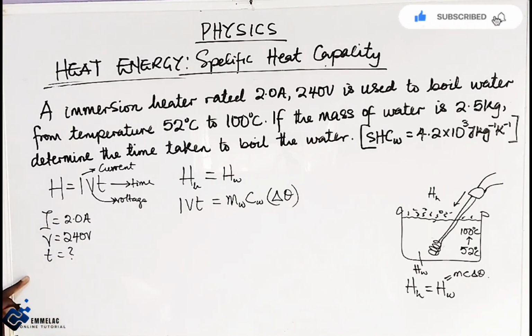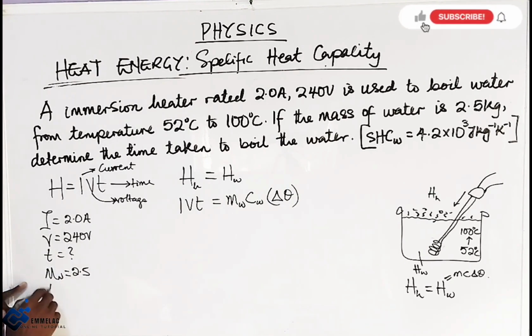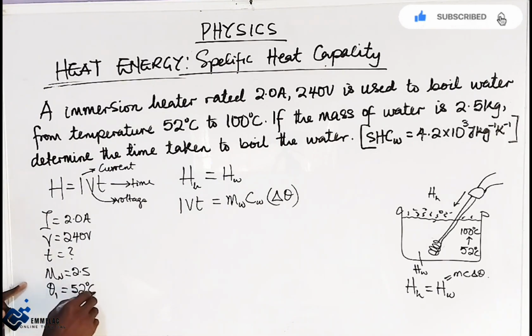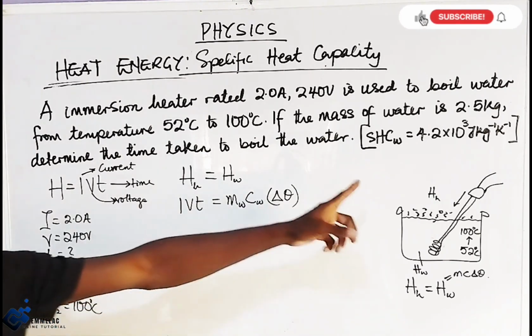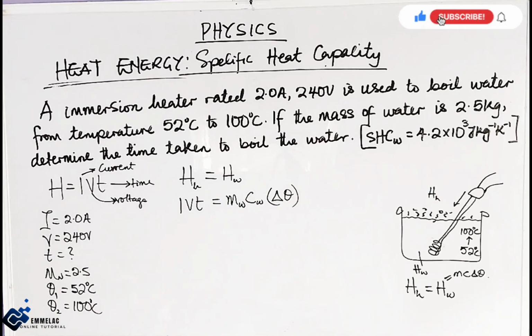The mass of water given is 2.5, and for the temperature change, the initial temperature, T1, is 52, and T2 is 100, at which the water boils. Is there any other parameter we are missing? That's the specific heat capacity. Any other thing again? No.